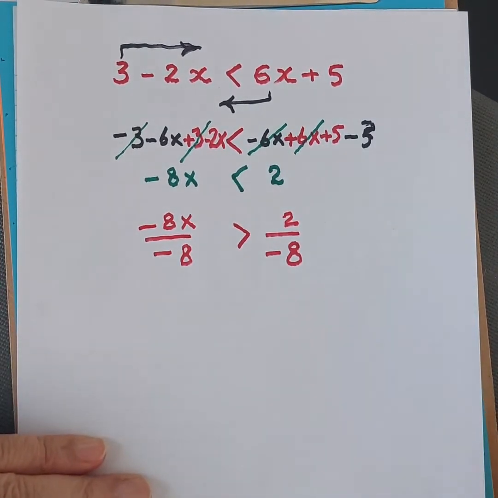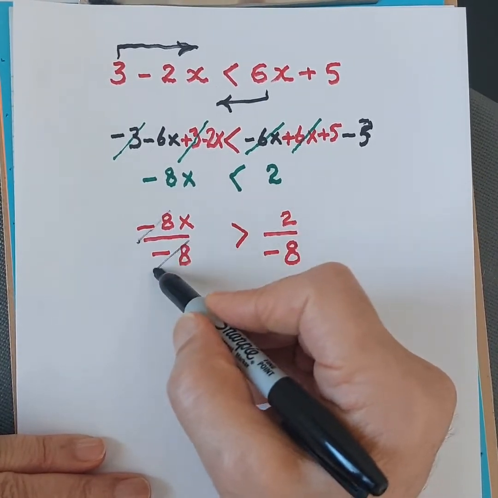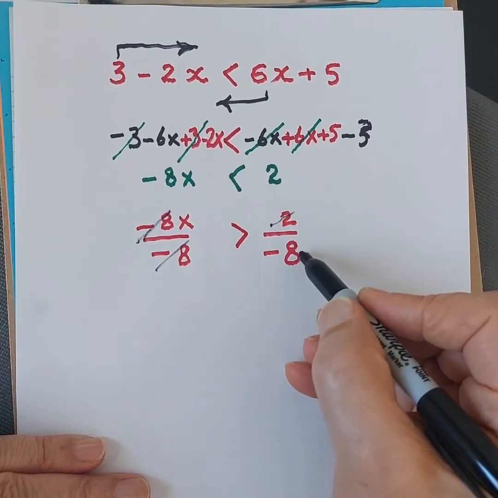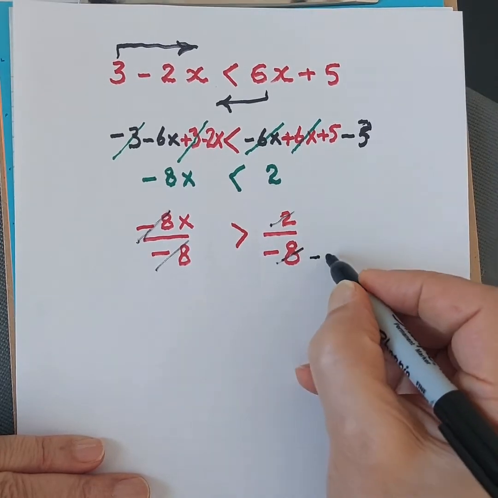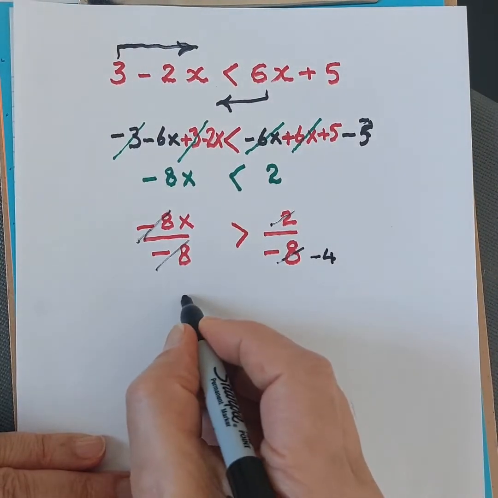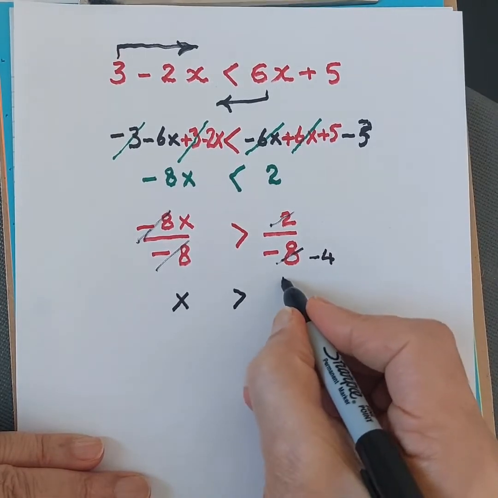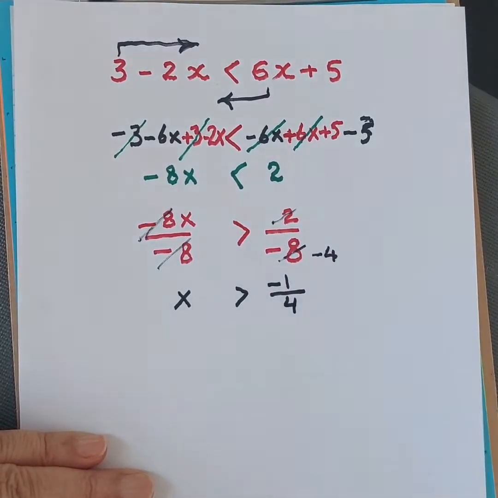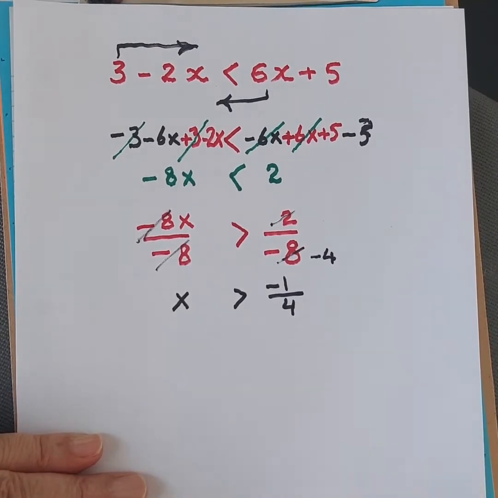You can now cancel negative 8 with negative 8, and 2 with 2 times 4, so remain negative 4. The result we got is x is greater than 1 over negative 4, or minus 1 over 4. There is no other step we can do. That means this is the solution.